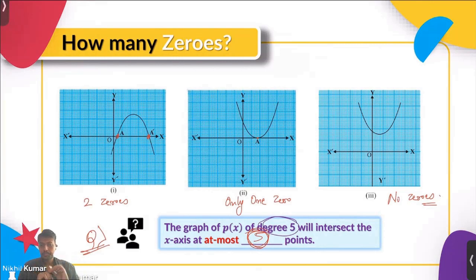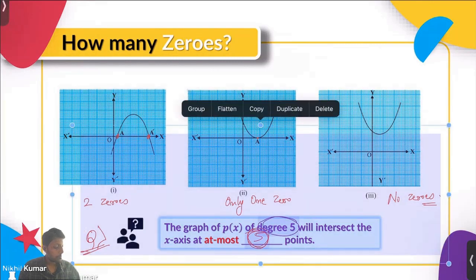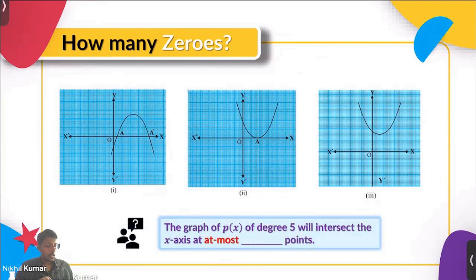All right. With this, let me quickly refresh your memory about transformation of graphs also. Can you tell me whether the coefficient of x square is positive or negative? y is equal to ax square plus bx plus c.